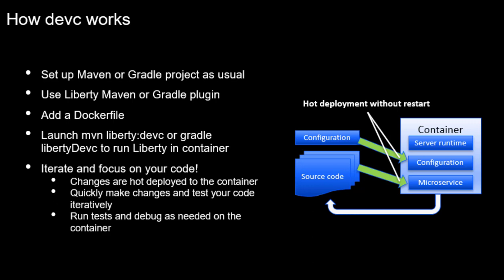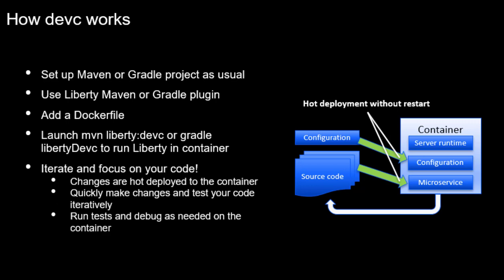When using Maven, launching Dev Mode in containers uses the command mvn liberty:devc in order to run Liberty in a container, plus any optional parameters that are needed, such as the path to a Dockerfile or a Docker network to join. When using Gradle, launching Dev Mode in containers uses the command libertyDevc to run Liberty in containers.